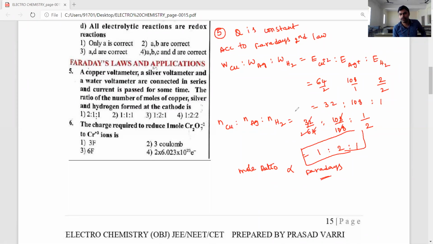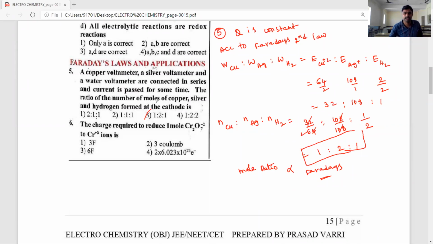For copper 2 plus, half mole is present, and half mole means half Faraday is required. Mole ratio is directly proportional to Faradays. For deposition of 1 mole it requires 1 Faraday, 2 moles 2 Faradays, 3 moles 3 Faradays. So now the correct answer is 1 is to 2 is to 1.